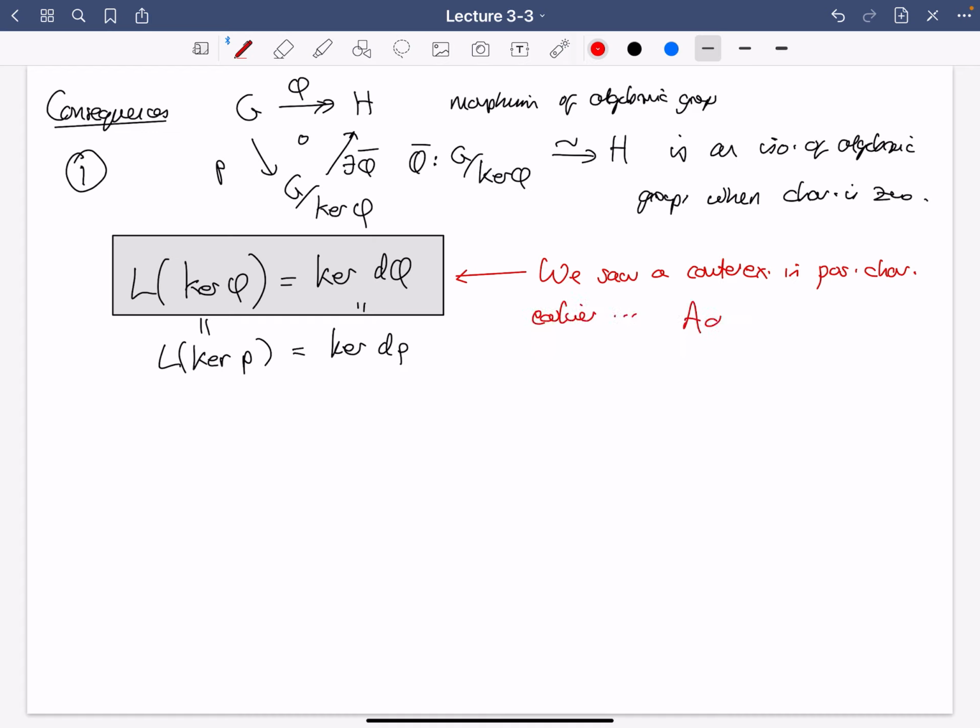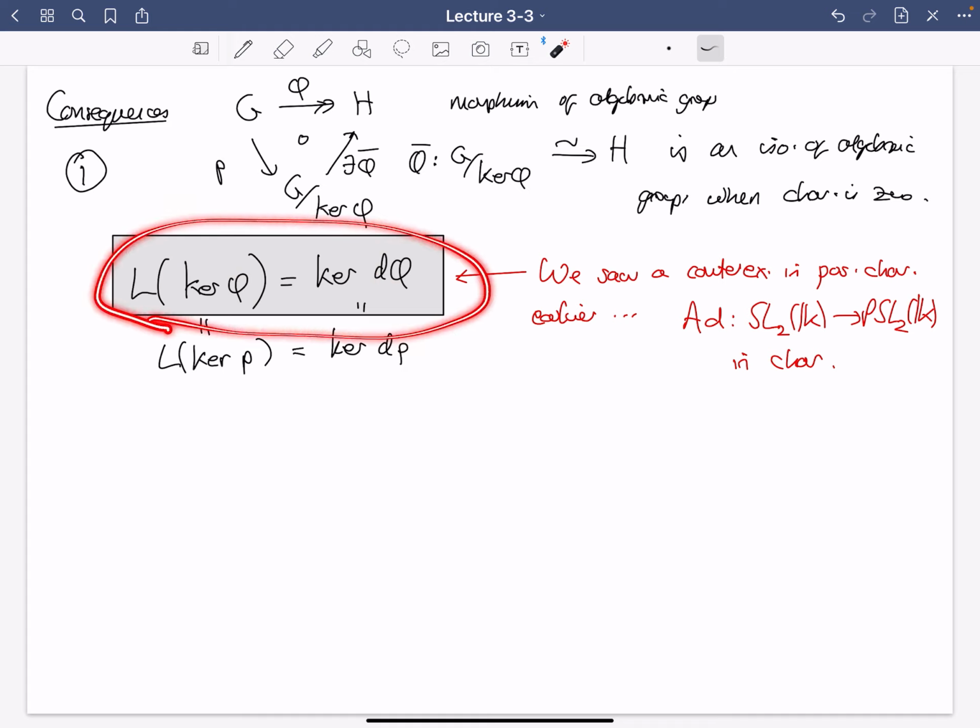If you just think about Ad from SL2 to PSL2 in characteristic 2, in this case the kernel of Ad is trivial, but the kernel of the differential was one-dimensional. So these couldn't possibly be equal in that case, just by dimension reasons. Okay, so characteristic 0 is totally essential for the Lie algebra of the kernel of a morphism of algebraic groups to be the kernel of the differential, that Lie algebra homomorphism.